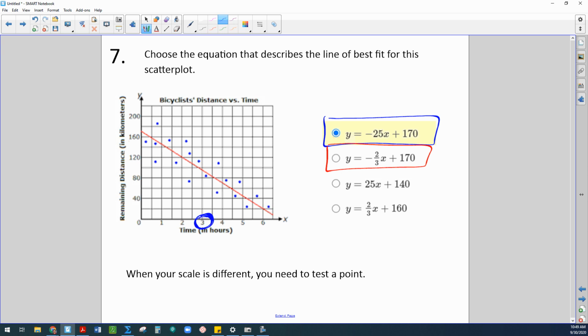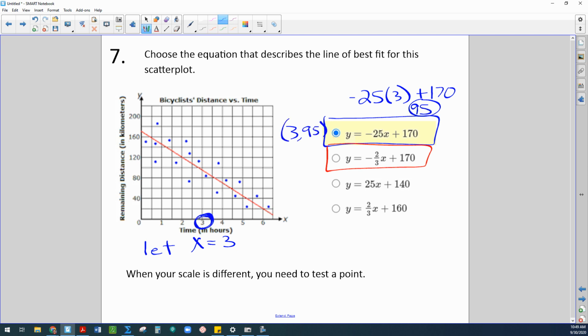And I can plug the number 3 into the equation for x. Let x equal 3. For my top equation, that's negative 25 times 3 plus 170, which is negative 75 plus 170, which is 95. So the point 3 gives me 95.